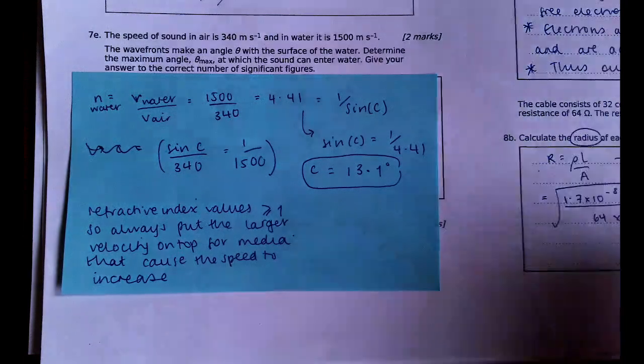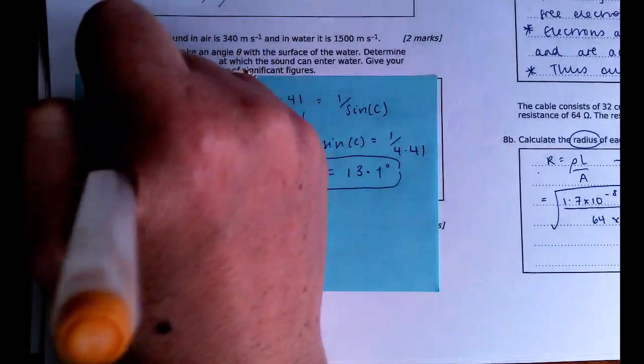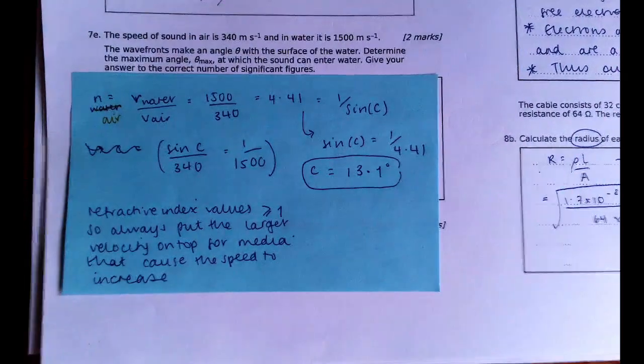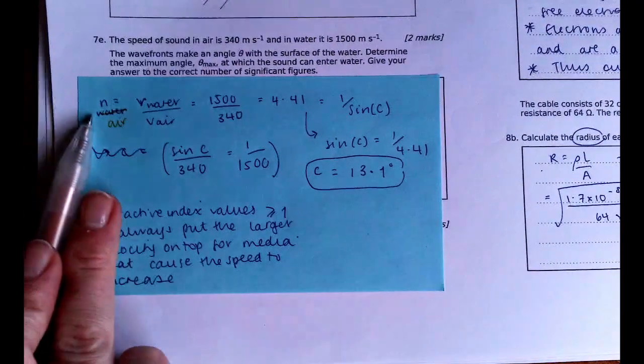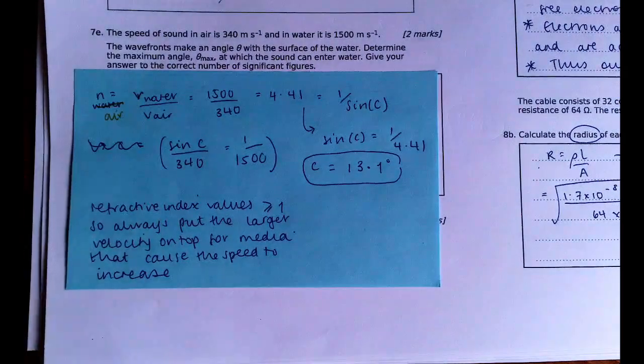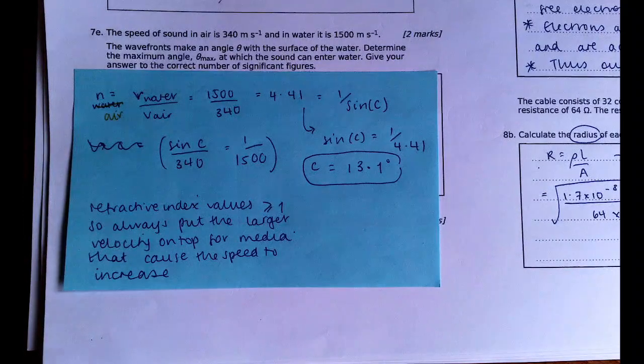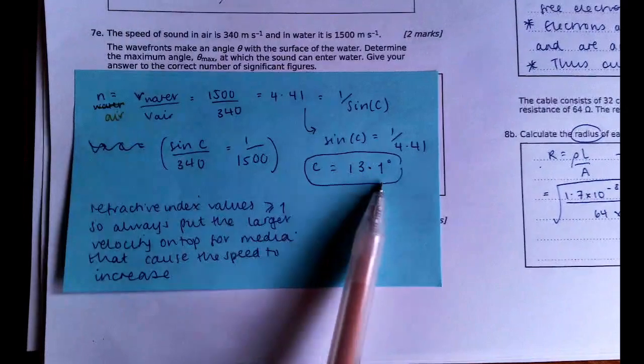Sorry, this should say n of air, got distracted here. So n is c over v, c is the water, the faster one, v air. So that then gives us our angle.